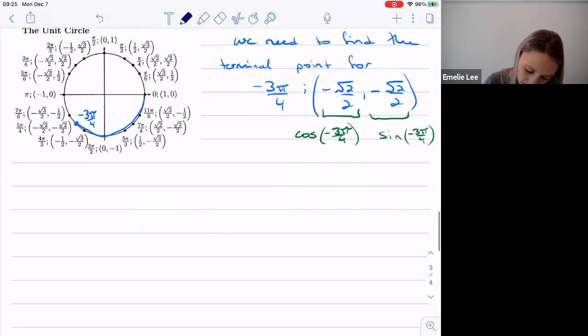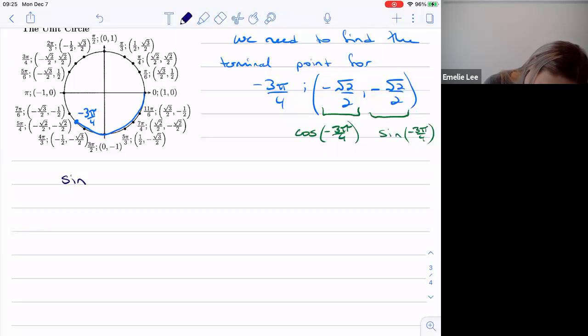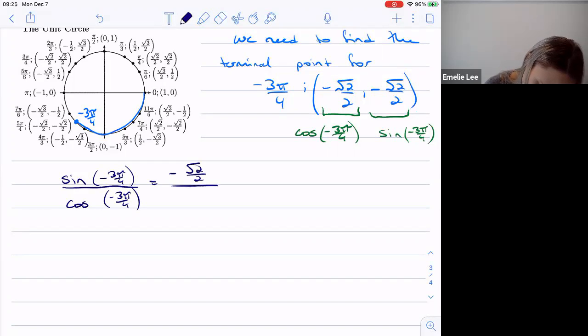So then I get the sine of negative 3 pi over 4 over the cosine of negative 3 pi over 4 is the negative root 2 over 2 divided by the negative root 2 over 2. Okay.